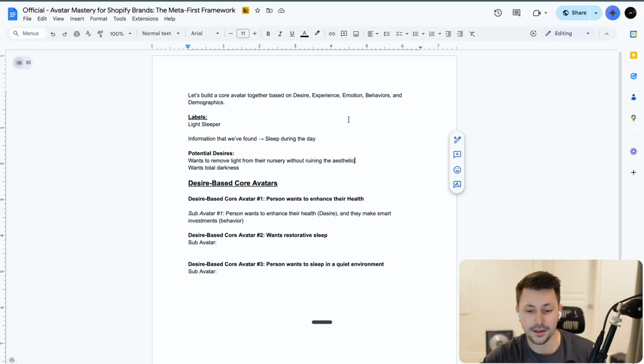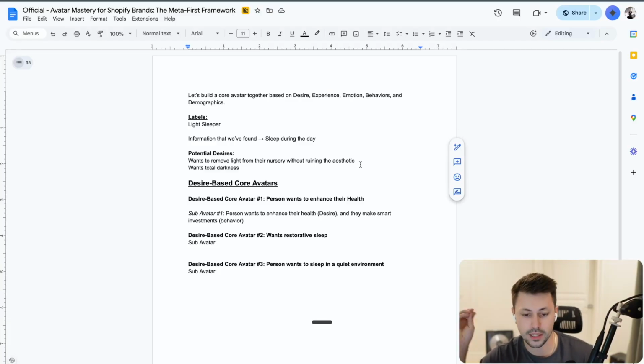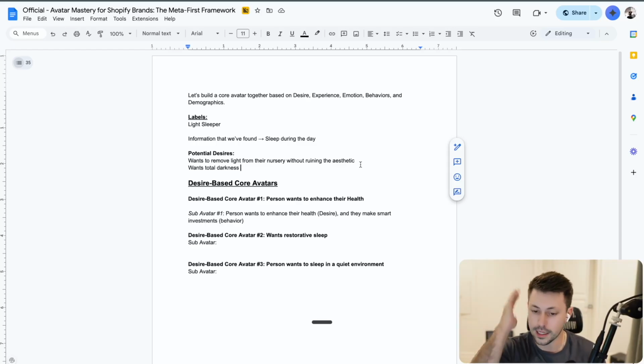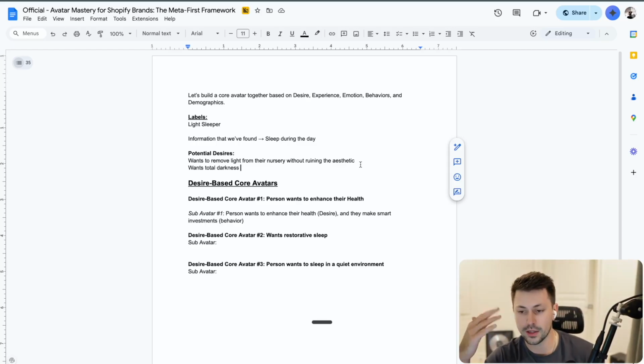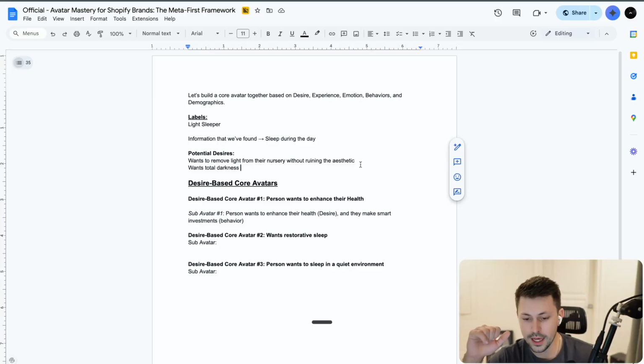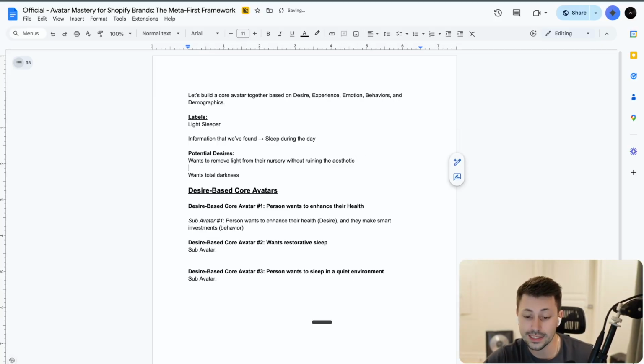So they've likely had a product experience with, because again, experiences, emotions, behaviors, they all create desires, but they have likely had a product experience with blackout blinds that didn't look good, or they just haven't got them because they don't look good. Again, an indirect experience of someone who knows it's just like, yeah, that's not going to look cute. And so they're able to tap into some more of this status kind of core desire around the aesthetic piece, right?